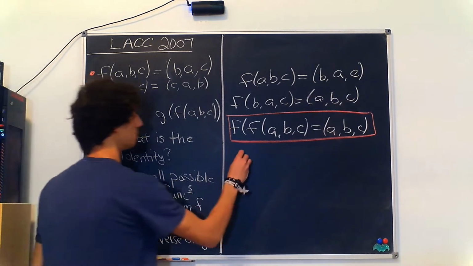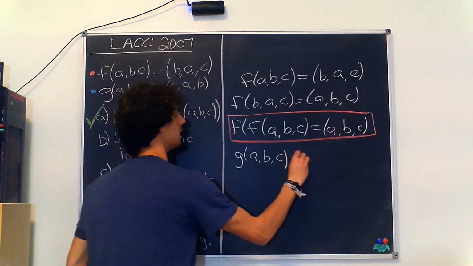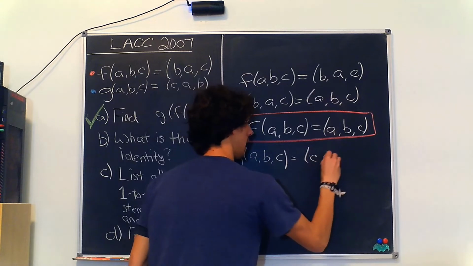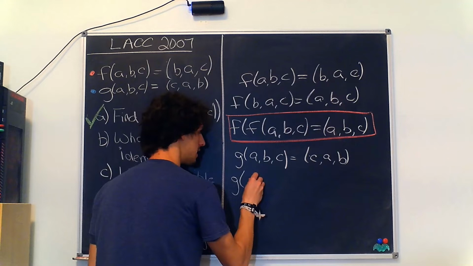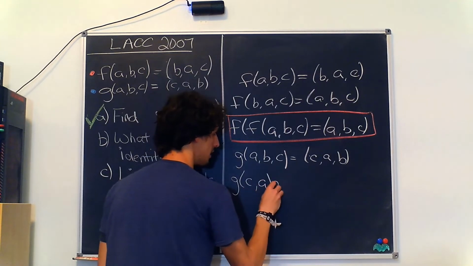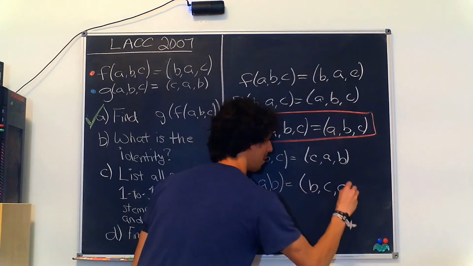We can also use g. Let's go ahead and take that as an example. G of a, b, c is equal to c, a, b. But then if we took that again, we get g of c, a, b, and that gives us b, comma c, comma a.